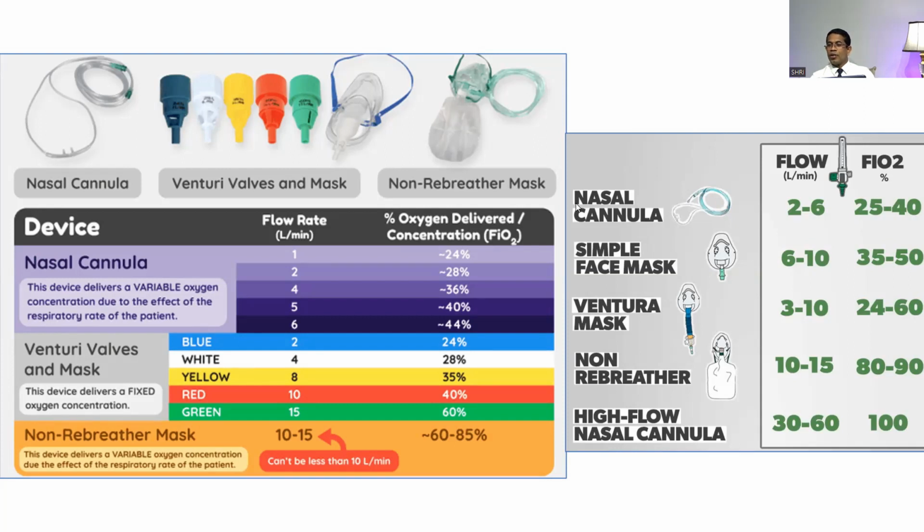There's nothing called a carbon dioxide retainer. Okay, it's a myth, but I'm not going to talk in detail about that. In the acute patient who is coming with trauma, you need to maintain saturation 94 to 98. Therefore, you need to maintain the appropriate flow rate to maintain your target saturation.